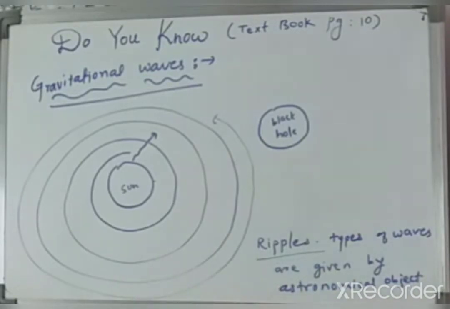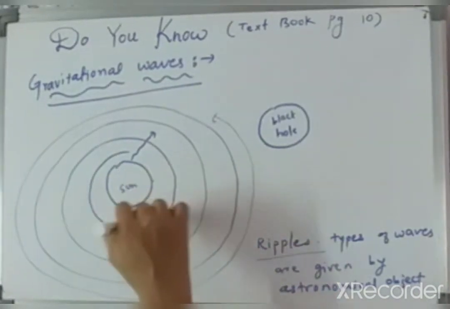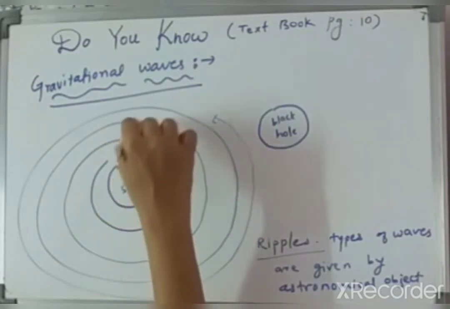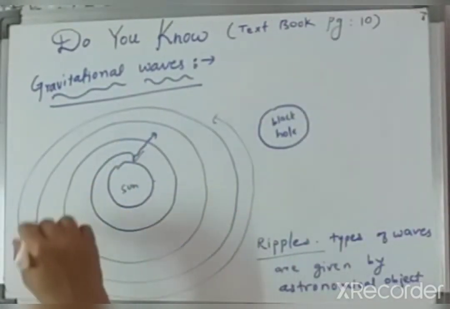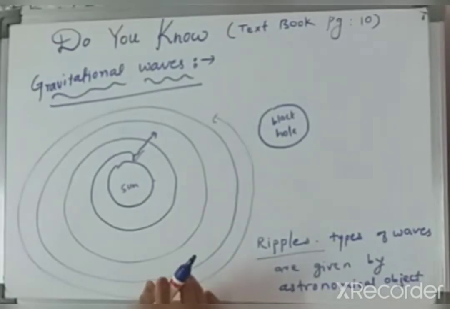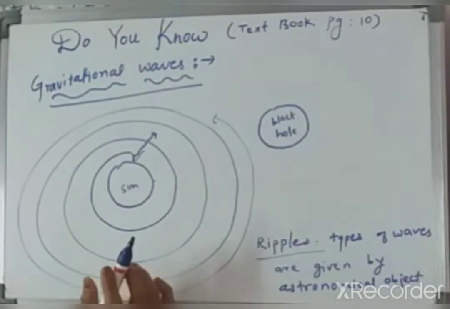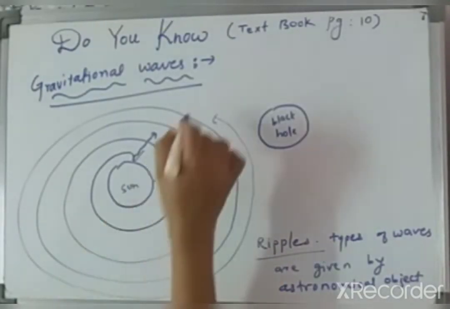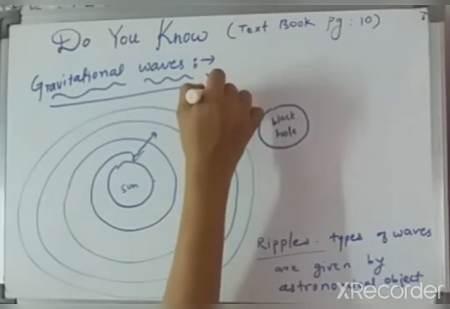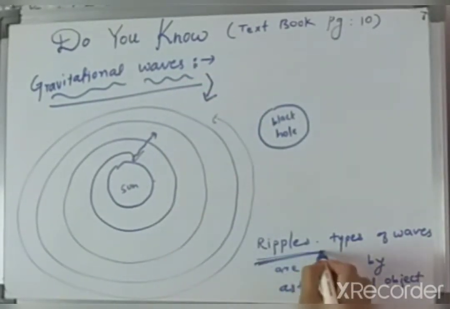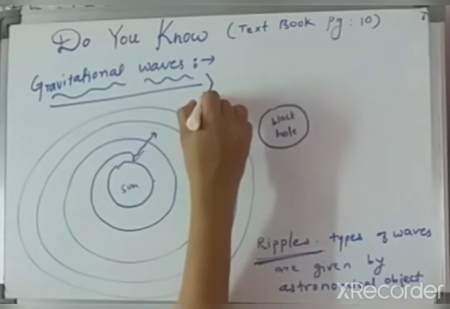You may consider any stars or black holes, etc. And these waves are going from inside to outward. It is going in the outward direction. And such a type of waves, which are in the form of ripples, are called gravitational waves.